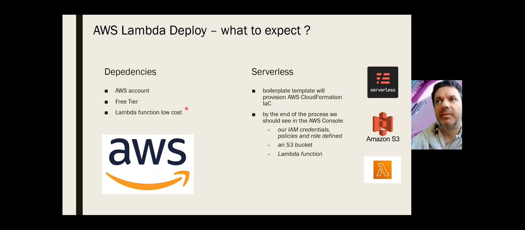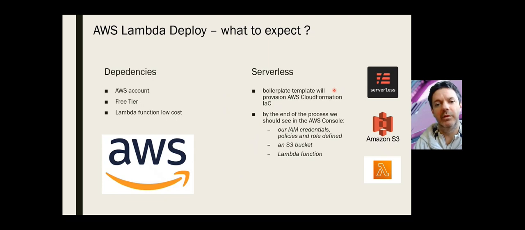The other dependencies in terms of the serverless part: what's going to happen here is that GitHub repo that we've cloned has the YAML file that we've edited with the new name of the app. That's going to provision, effectively, a serverless template is going to provision for us infrastructure as code in the form of AWS CloudFormation.